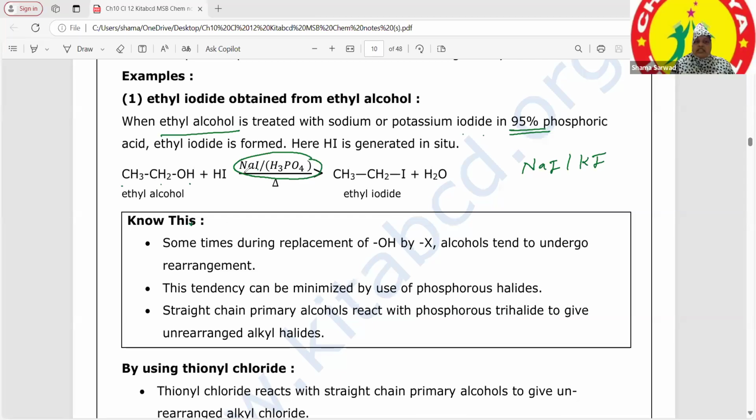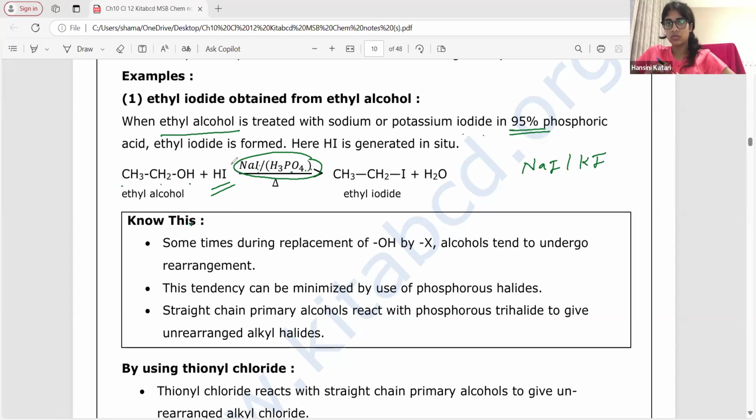This sodium iodide and H3PO4 would react with each other: hydrogen from the phosphoric acid and iodine from the sodium iodide would react to form HI. Another side product would be formed, the sodium phosphate. So that is none of our concern.